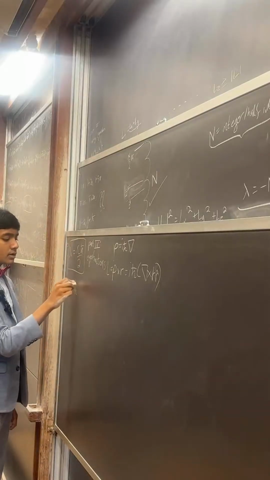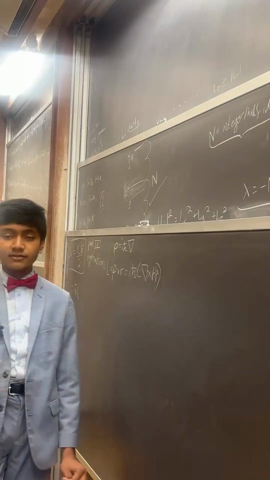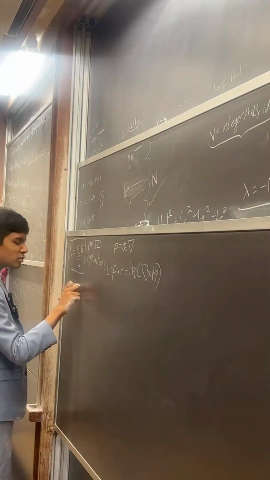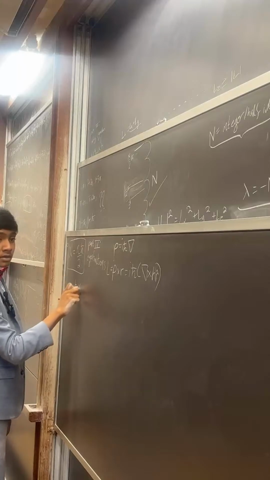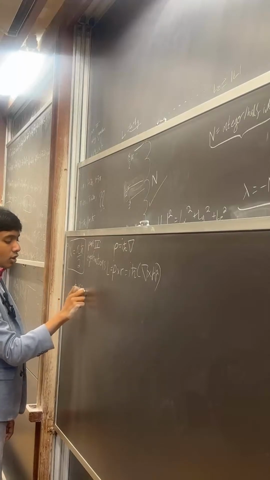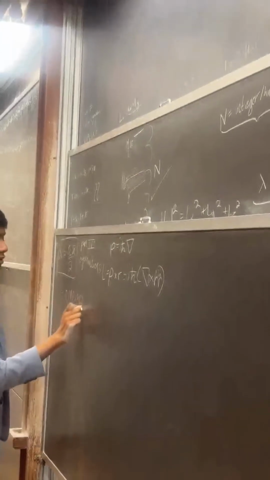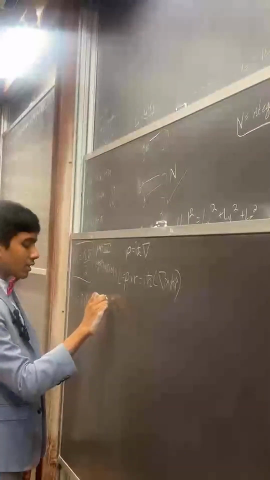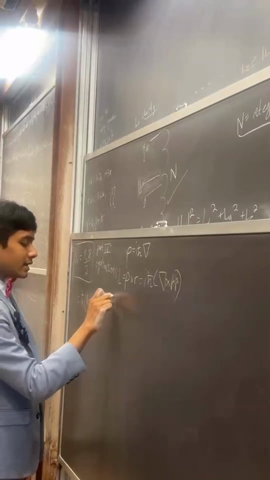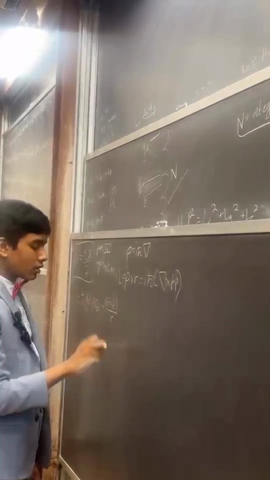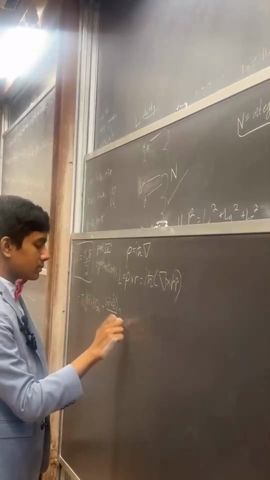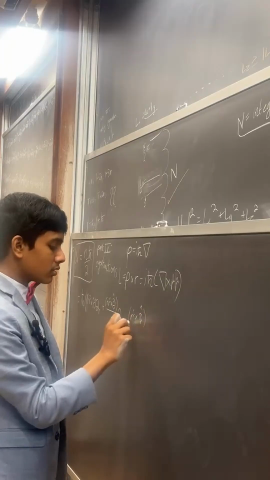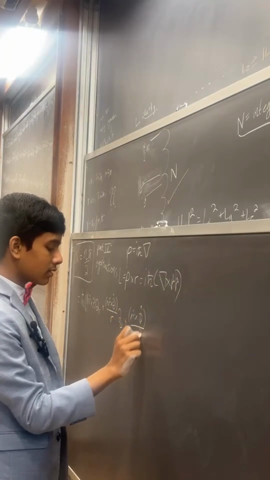i h bar multiplied by, what is nabla in spherical coordinates? Well, we have R hat cross R hat, partial R, plus R hat cross theta hat divided by R, partial theta, plus R hat cross phi hat over R sine theta, partial phi.